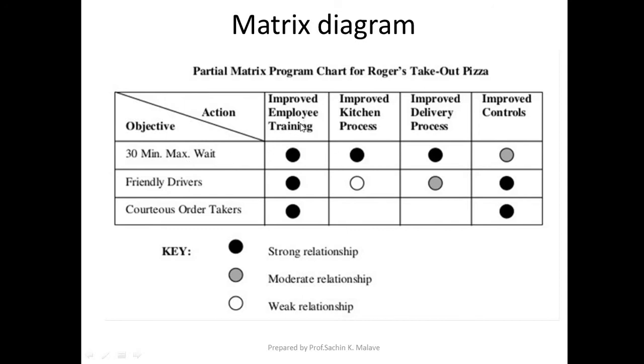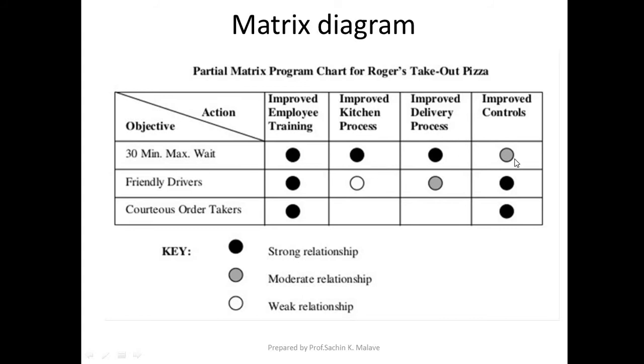Improved employee training: if you give training to the employees, that will definitely achieve this objective. So there is a strong relationship between this objective and this action. Also a strong relationship between this objective and improved kitchen process, and again with improved delivery process, a strong relationship.